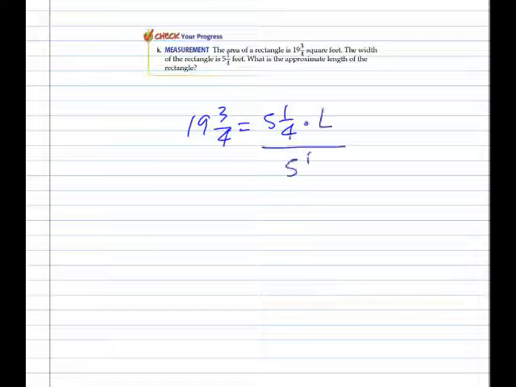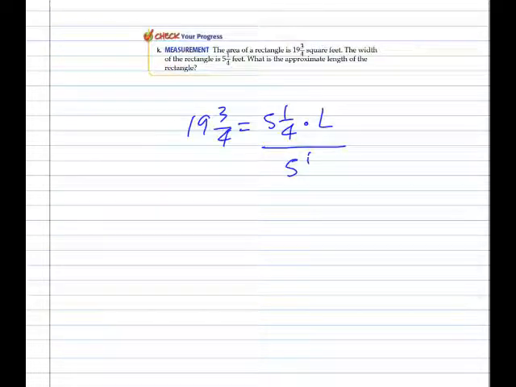The area of a rectangle is 19 3/4 square feet. The width of the rectangle is 5 1/4. What is the approximate length of the rectangle? Well, let's see. 19 3/4 equals 5 1/4 times the length.